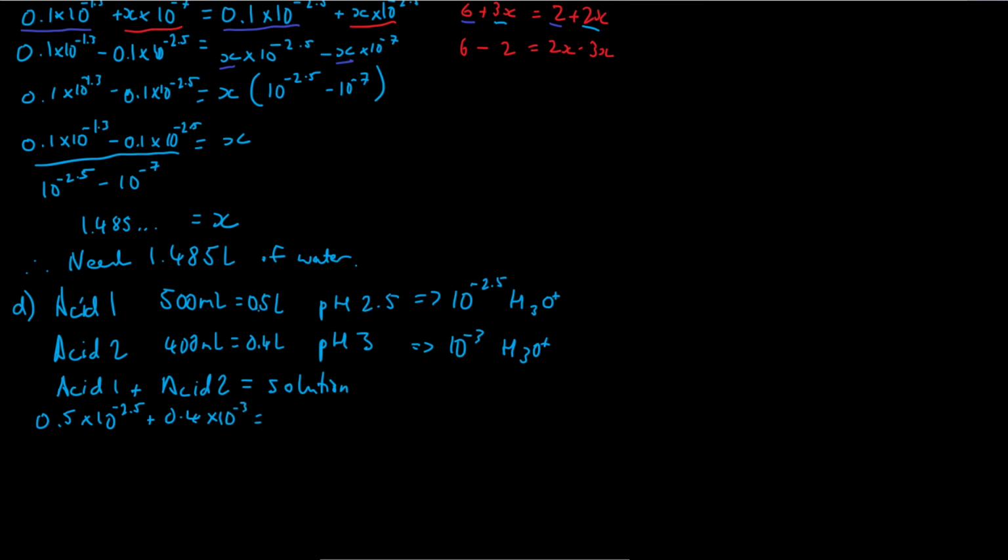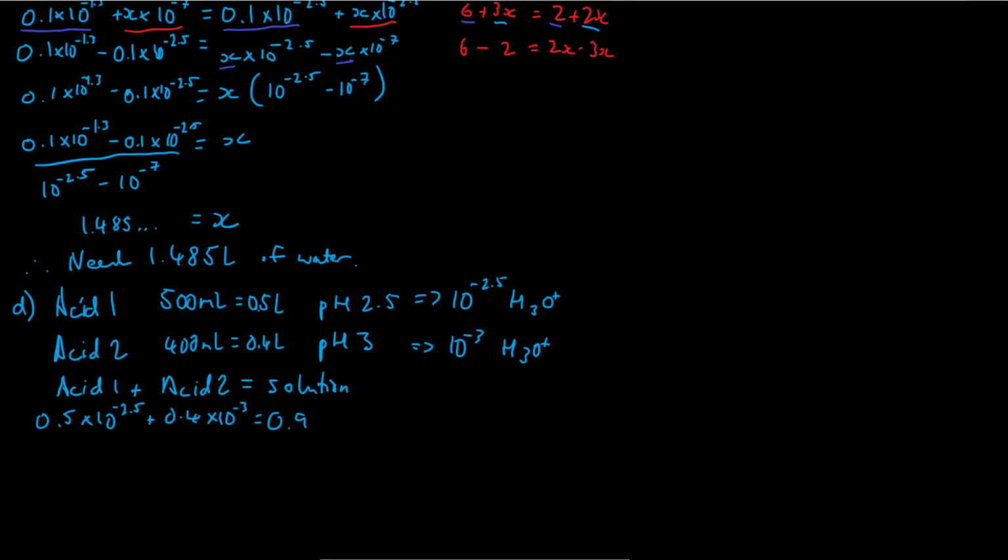And that will equal our solution concentration. But you've got to be careful here because the solution concentration only represents 900 mils of solution, not a full liter, and our concentration is always per liter.